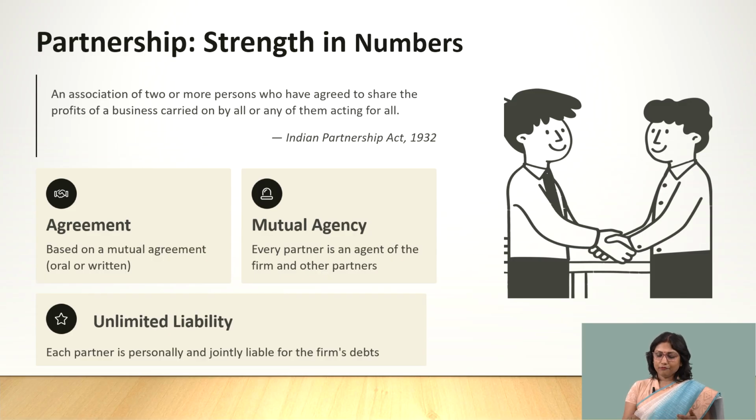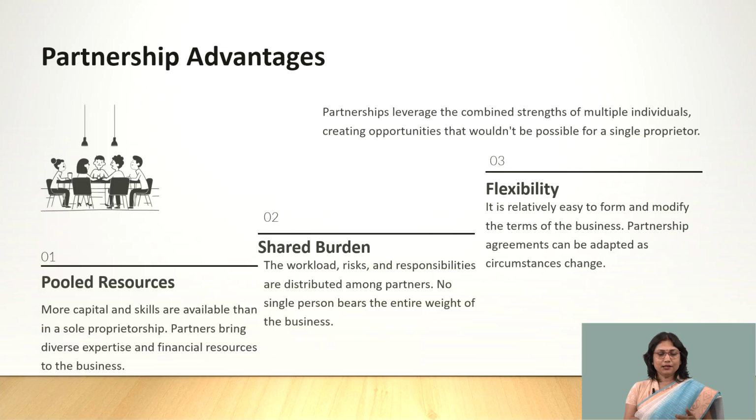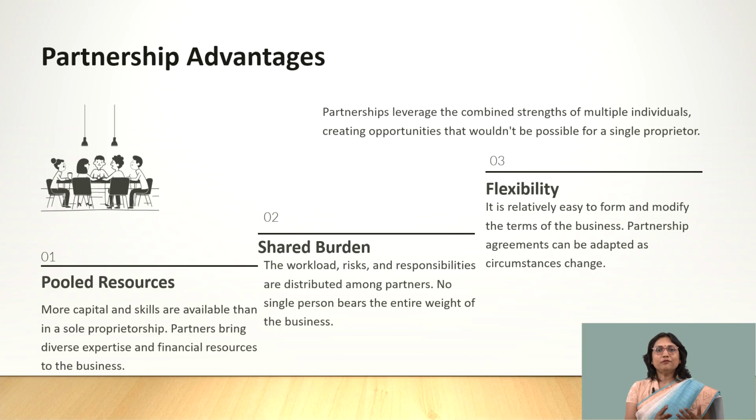So these are a few of the basics related with the partnership business, and because we have changed the form, we must understand what advantages it provides to the individuals. So as I said, the strength of the numbers. More than one person is there, so whoever comes with some resources.